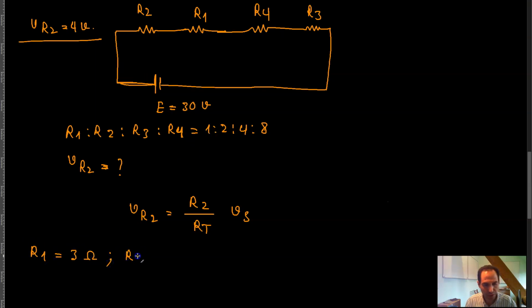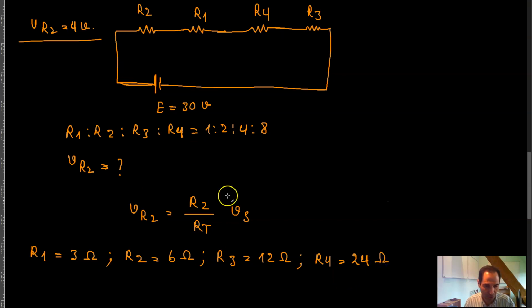Relative to that, R2 must be 2 times 3, which is 6 ohm. R3 must be 4 times 3, which is 12 ohm. And R4 is 8 times 3, which is 24 ohm, right?